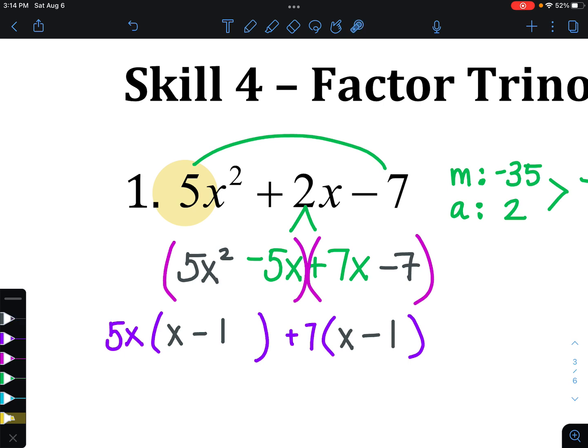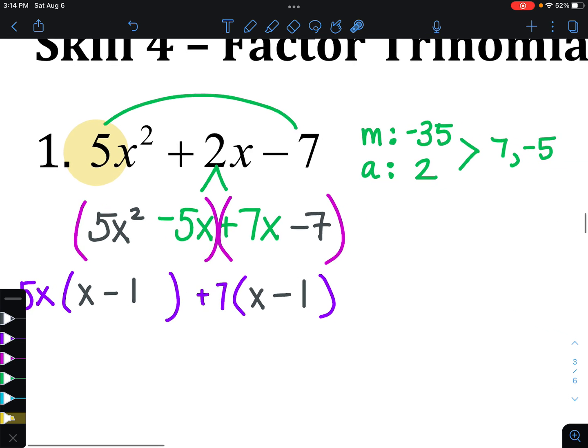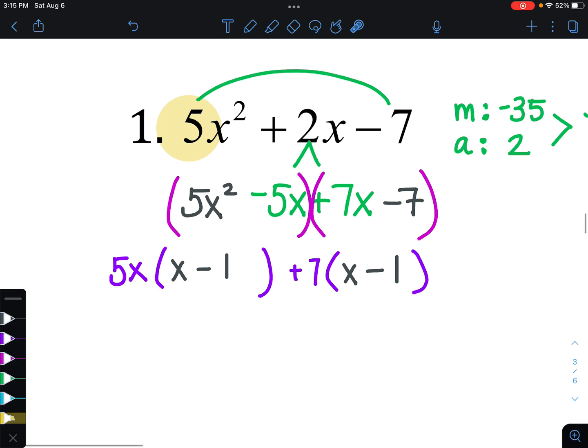So, to recap, I did the multiply and add, remember a times c, got my two numbers. These are the two numbers I used to split my middle term. Once I split the middle term, I grouped the first two and the last two, took out the GCFs. From here, you'll know you did everything correctly if you have this common group. Did you guys see what was left over?